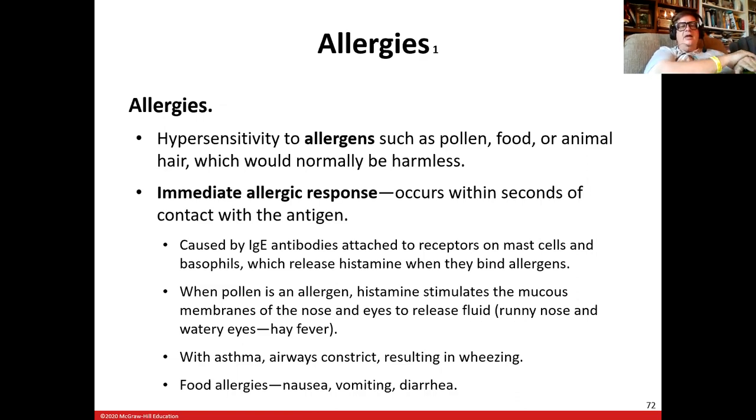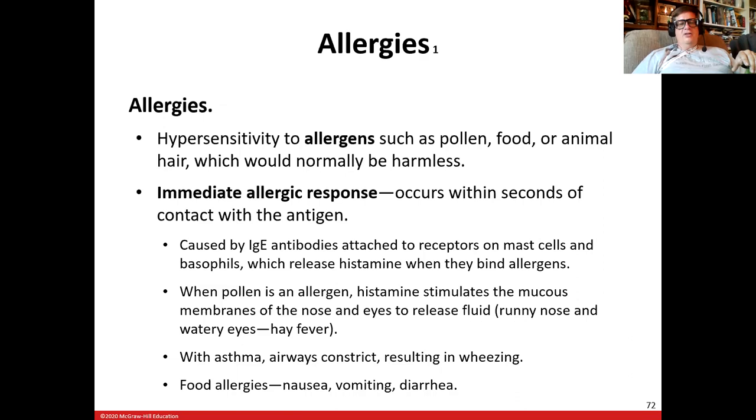All right. They are caused when the IgE antibodies on receptors on mast cells and basophils release histamine. I already told you the idea is the body is like, I don't know what it is, but it's not normal. Get rid of it. Wash it out. Wash it out. It's just that your body's overreacting because the thing is pretty normal.